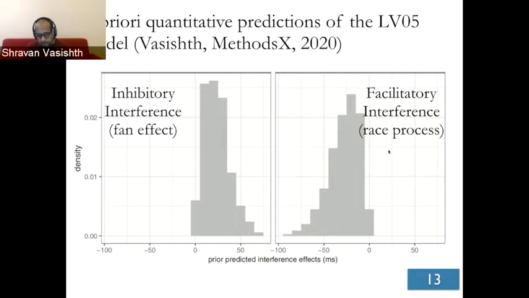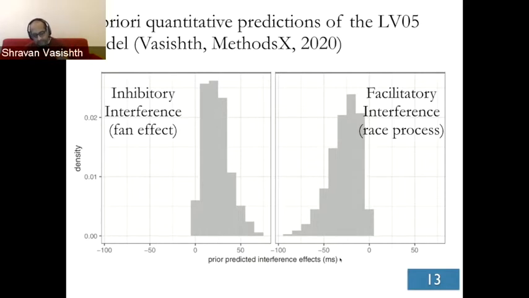The other type of process that I just explained was the race process, and here I'm showing you the quantitative predictions from the Lewis-Vasishth model. The model itself has lots and lots of parameters, so I'm holding all the parameters constant and only allowing noise to vary. This creates some non-determinism in the finishing times, and I'm also varying the latency, the amount of time it takes for the system to complete a retrieval.